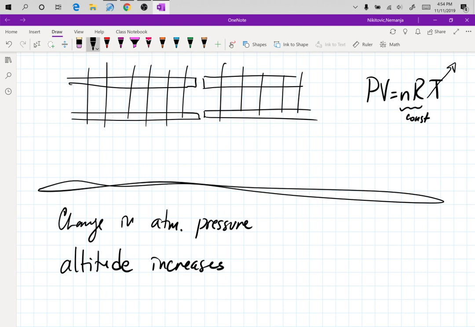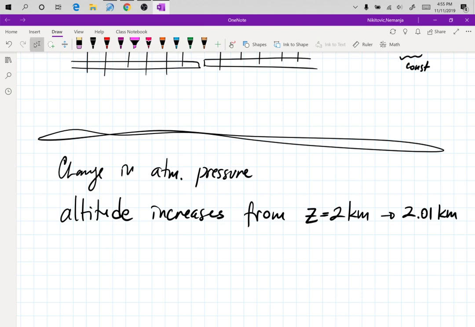Altitude increases from z equals 2 kilometers to 2.01 kilometers. That's 10 meters difference, which is about 5 times my height. And the formula for atmospheric pressure in terms of the height is 1000 e to the negative z over 10 as the exponent.